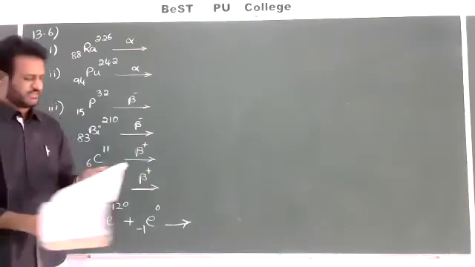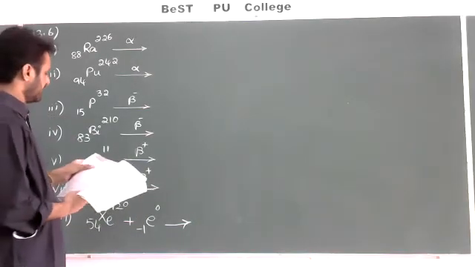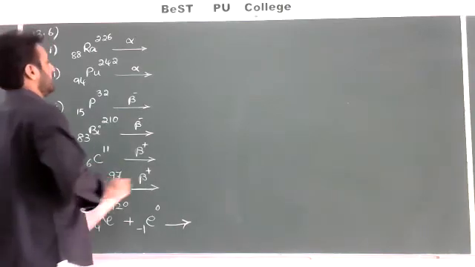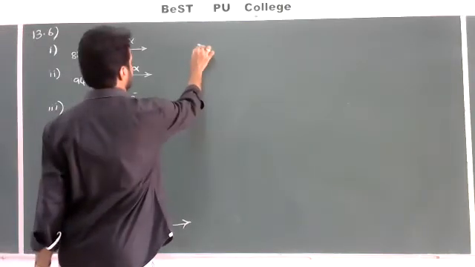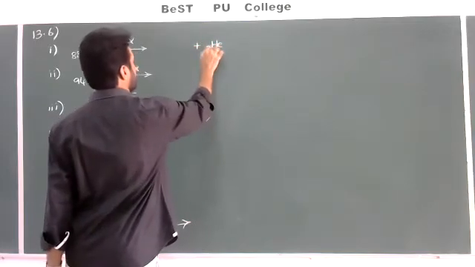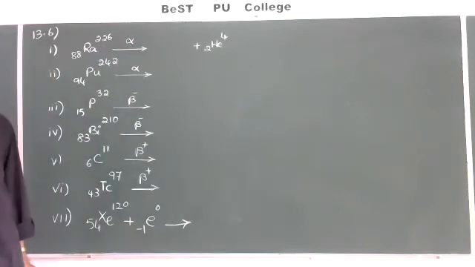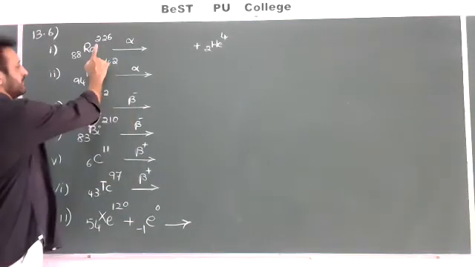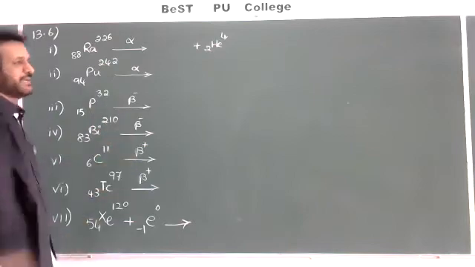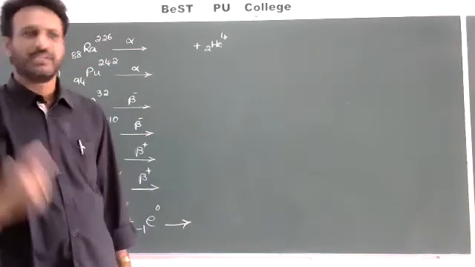Now question number 1, alpha decay of radium. Alpha is a helium nucleus, He with atomic number 2, mass number 4, that is called an alpha particle. Whenever a nucleus emits an alpha particle, its atomic number decreases by 2 and its mass number decreases by 4.